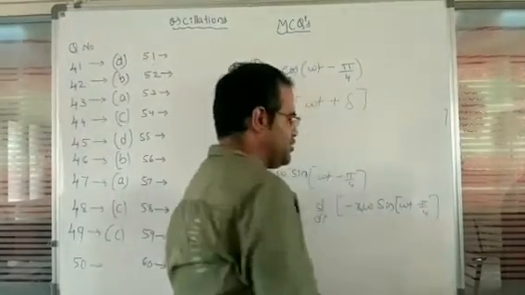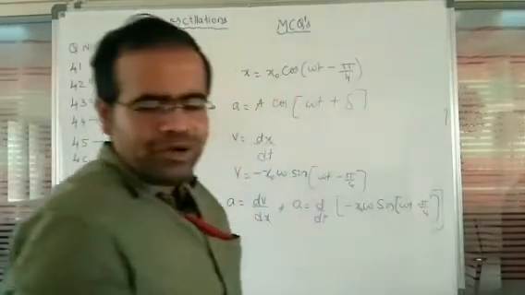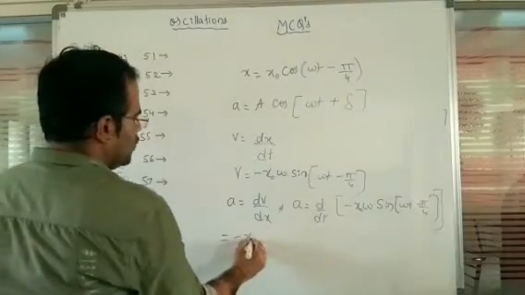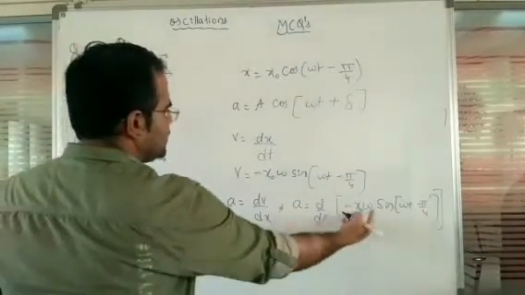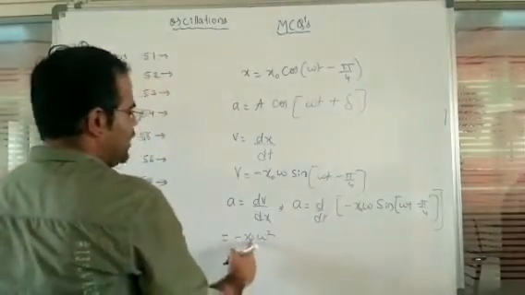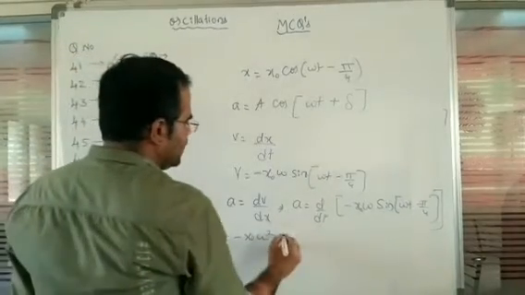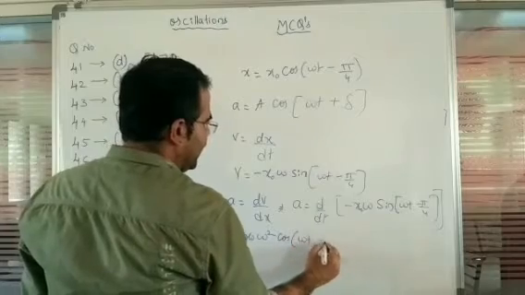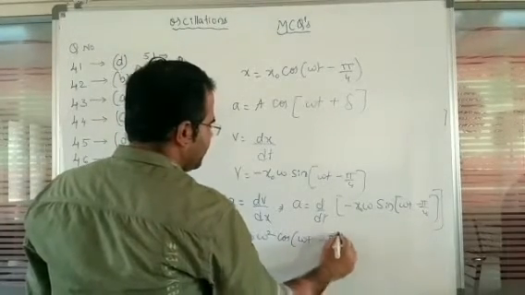So this is the equation. When we make one more differentiation, we are going to observe minus x naught omega square. Differentiation of sine is cos again, omega t minus pi by 4 here.